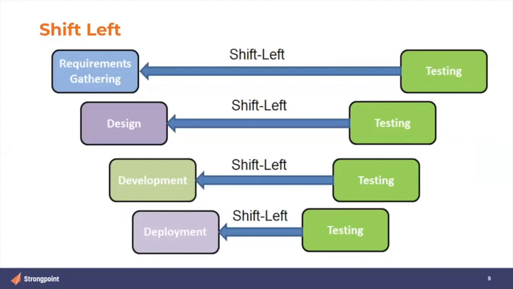Put their feedback into our different stages. When we do requirement gathering, get testing involved. Okay, you understand the requirement. How do you think you are going to be able to test it? How can we prove that this works at design? In development, there needs to be back and forth. And in deployment, of course, it's more natural to have testing in the deployment stage.